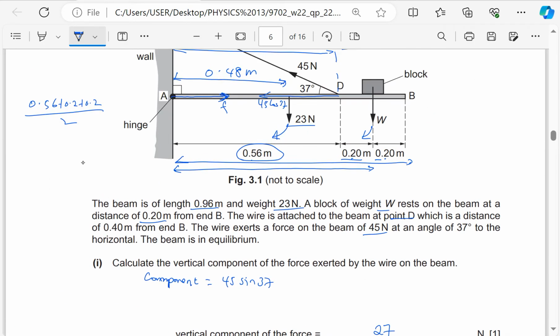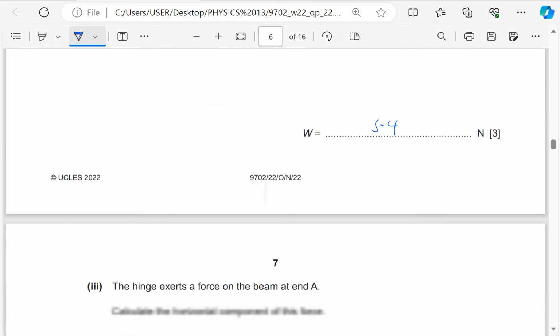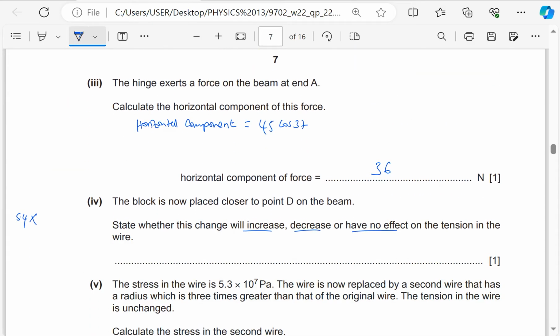The perpendicular distance here was 0.76. Now I'm going to reduce it to 0.6 because they are saying it is moved closer to D. So the perpendicular distance has decreased. Let's say it is now 0.6, plus the weight is 23 times perpendicular distance, which was 0.48, should be equal to T. Now we don't know T, but the angles remain the same, T sine 37, then times 0.56.